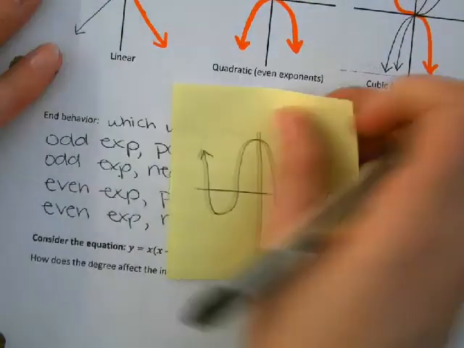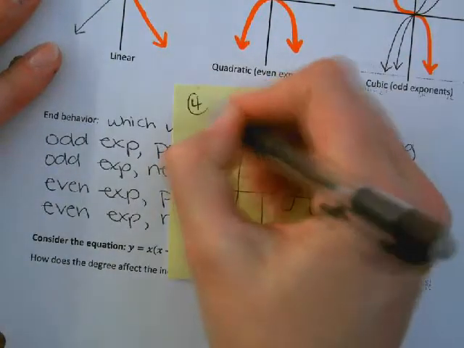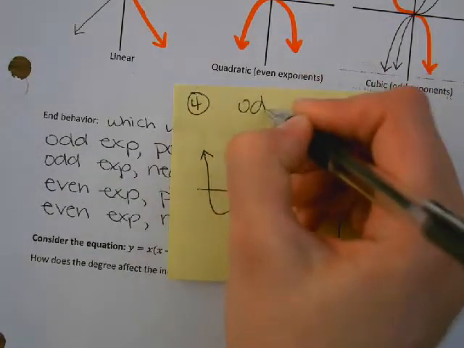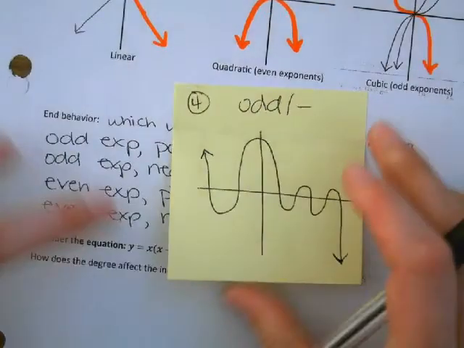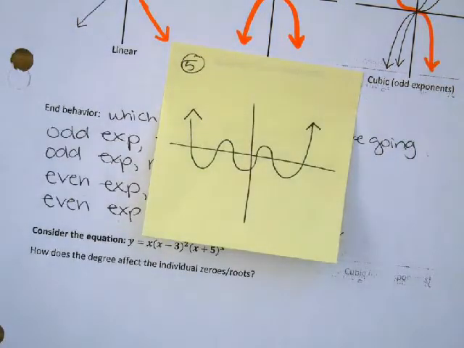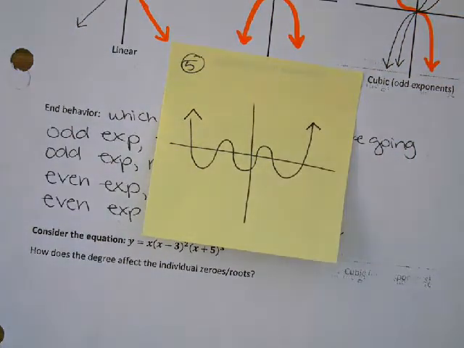All right, let's look at this one. What's our conclusion? It's odd and it's negative. Good. Here's the next one. What's our conclusion?